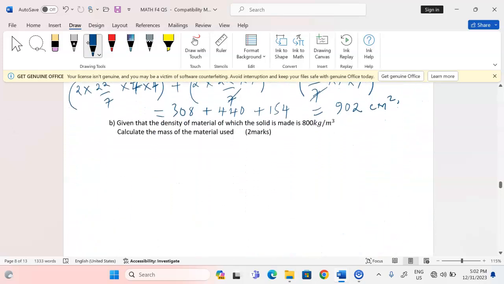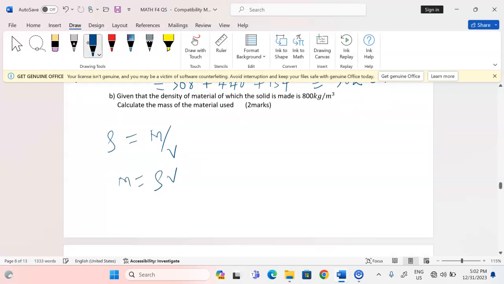Then finally, we've been told that the density of the material of which the solid is made is 800 kilograms per cubic meter, calculate the mass of the material. It's good to know that because density is given by mass out of volume, then mass will be given by density times volume.